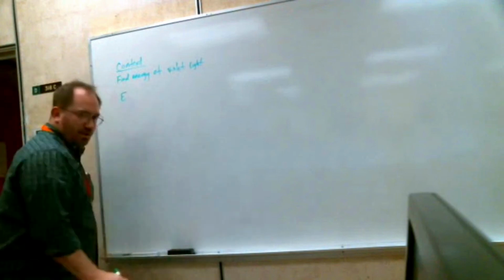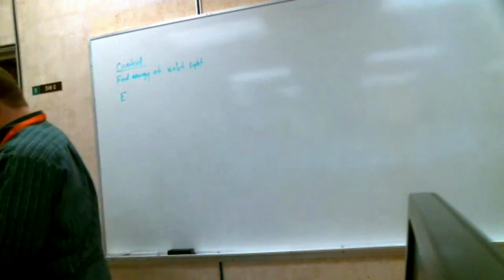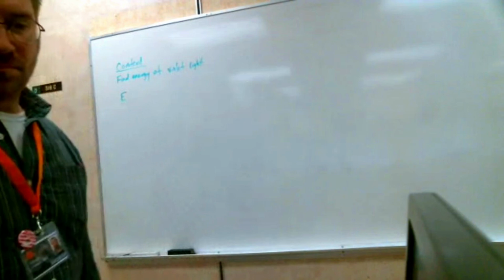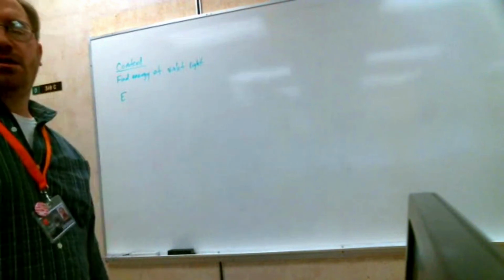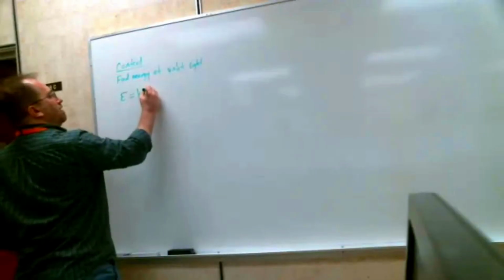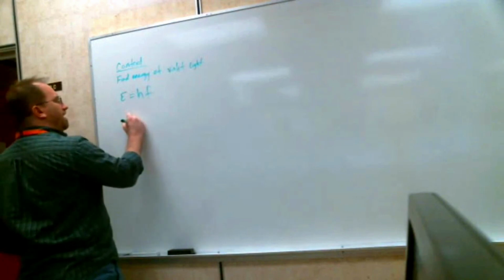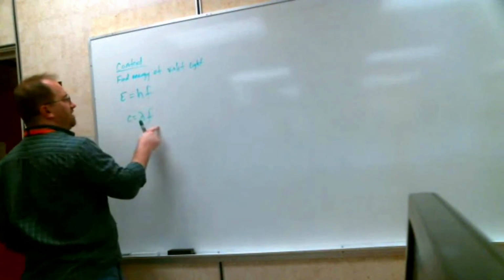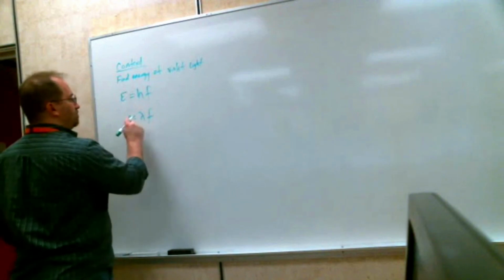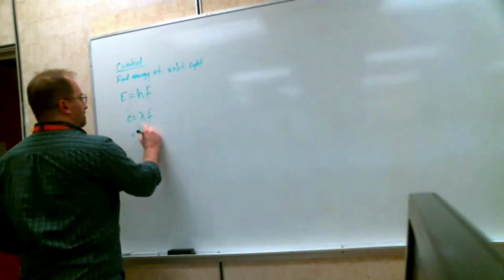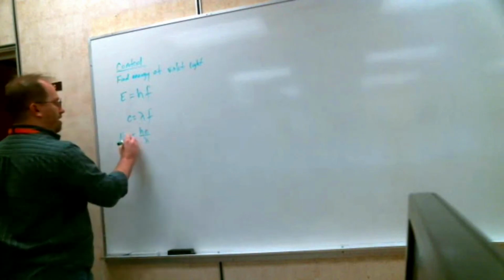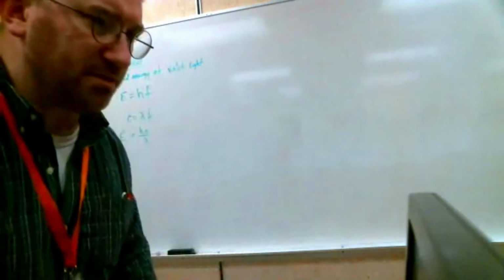What the equation is for energy of an electromagnetic wave, energy of any wave, technically. It's the product of the Planck constant and the frequency. HF, exactly. And we know that light travels at wavelength times frequency, so we can write this as h C over lambda. What's the wavelength of this light?